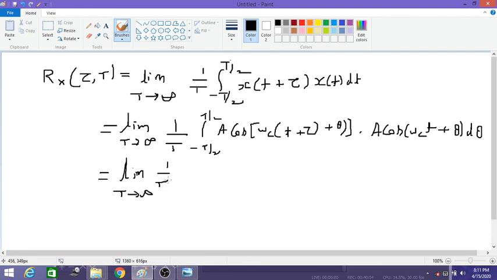The limit T tends to infinity of 1 by T into integral of minus T by 2 to plus T by 2.